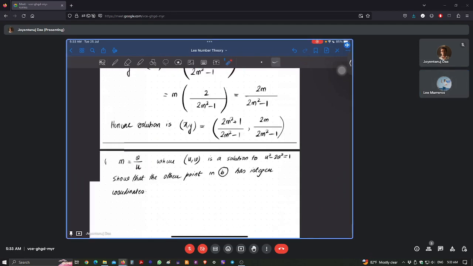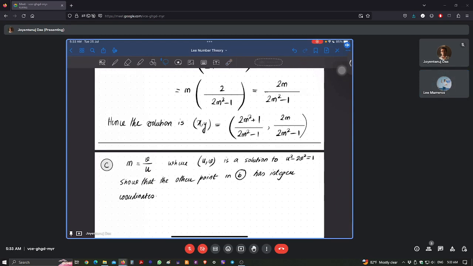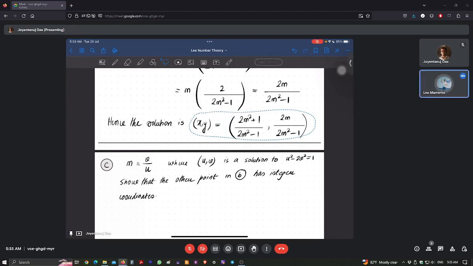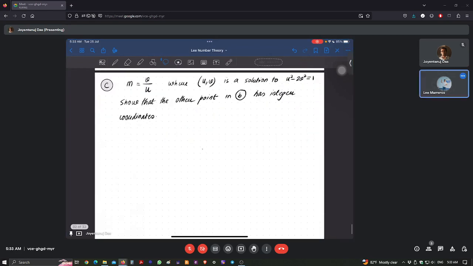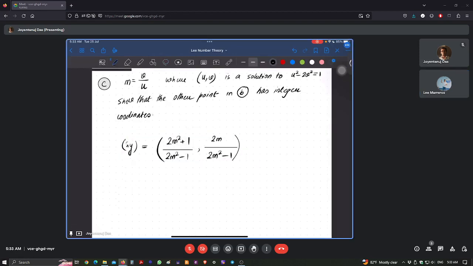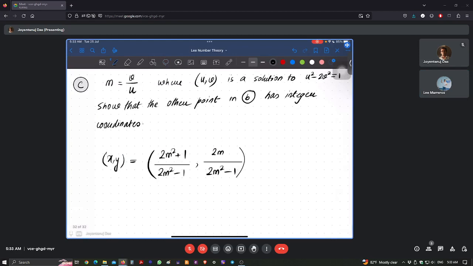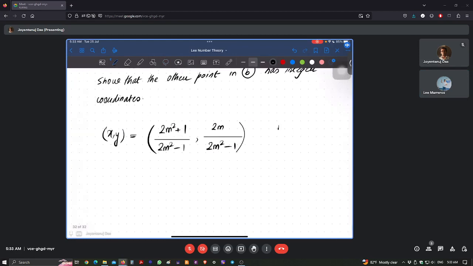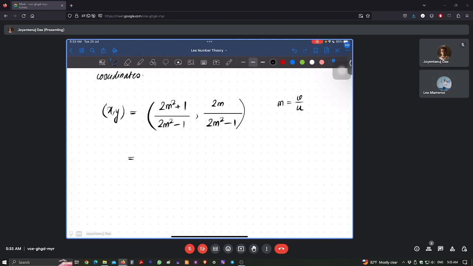So the thing is, we'll start with the solution we had, m equals v by u. Let us just replace m by v by u in this solution. So let us see what happens.